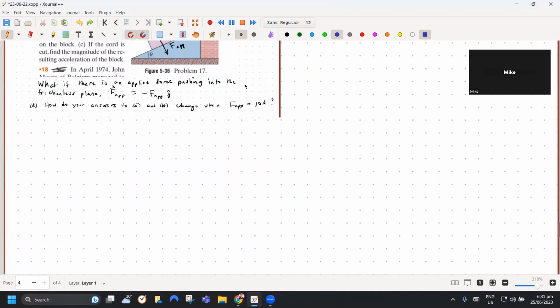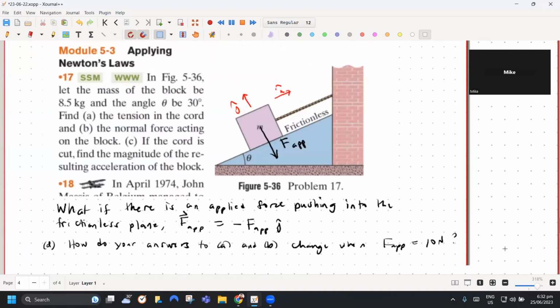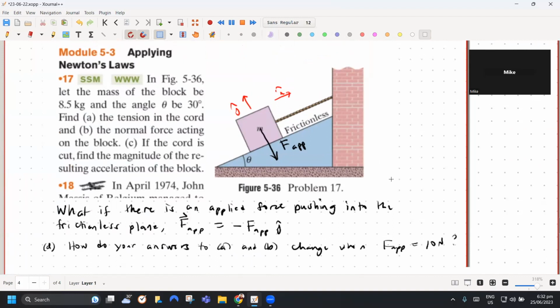And then you can stretch. Into the frictionless plane. So, ganyan yung direction. So, free body diagram and then, pag ganyan yung situation, ano yung accelerations?